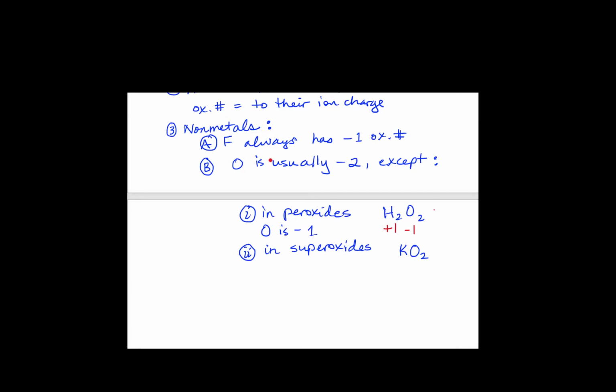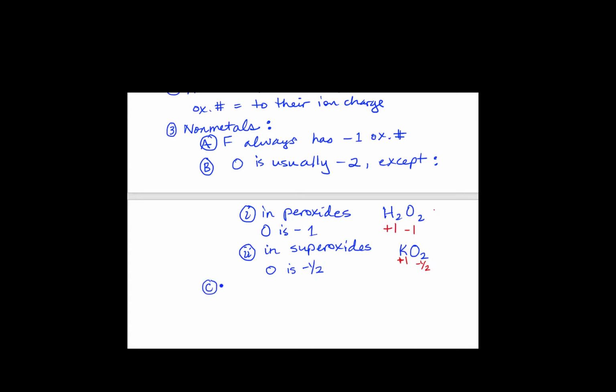All monatomic ions have their oxidation number equal to their ion charge. And the potassium has an oxidation number of +1. So in order to balance that out, the oxygen actually has to have a -1/2 because there's 2 of those oxygens. So this is kind of one of those crazy examples. But I wanted to be complete and tell you all of them.